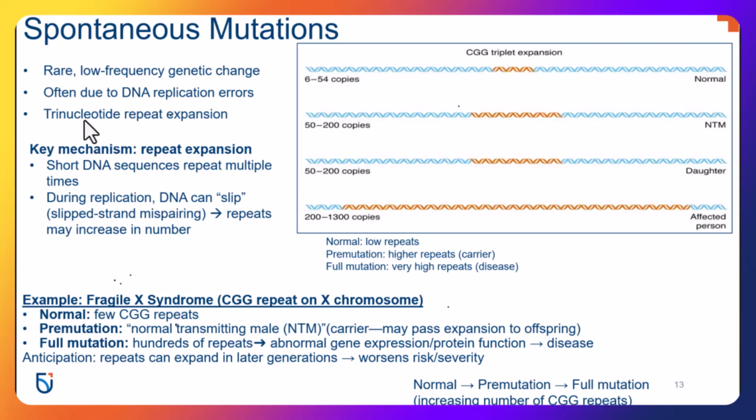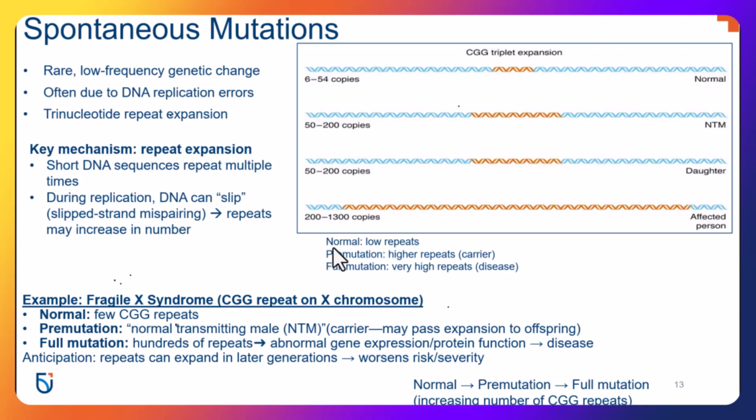An important type of spontaneous mutation that we'll talk about is called trinucleotide repeat expansion. A trinucleotide repeat means that a sequence of 3 DNA bases, so let's say CGG, as shown here, cytosine, guanine, guanine, repeats over and over and over again in the genome.